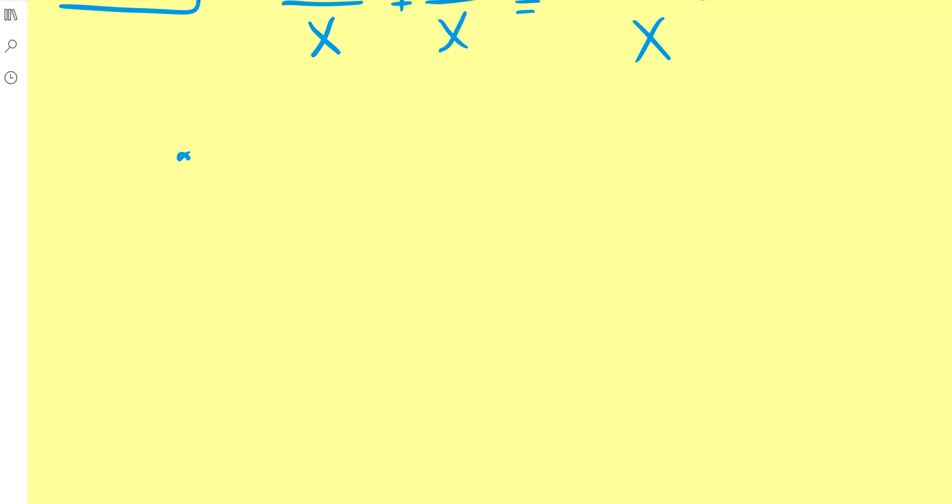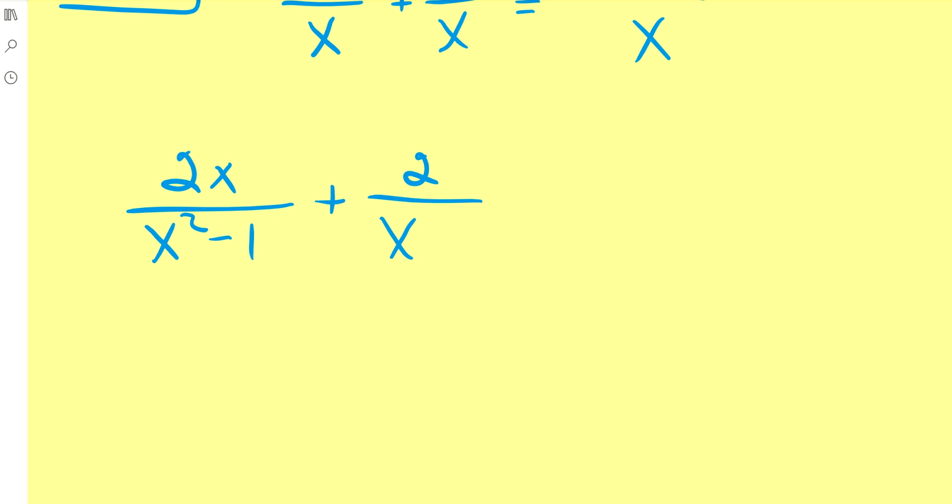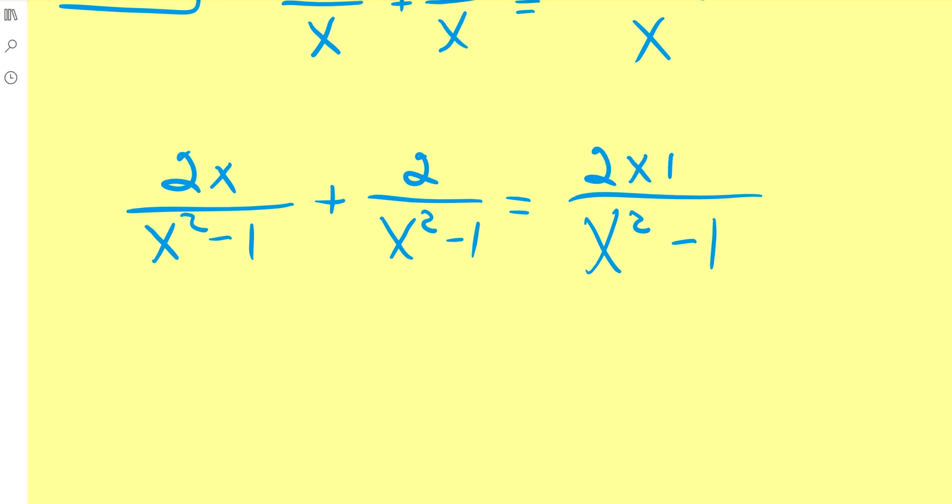We're going to add 2 over x squared minus 1, plus 2 over x squared minus 1. Our denominators are the same, so I can carry over the x squared minus 1. And then I'm going to add the two numerators. So this is just 2x plus 2.